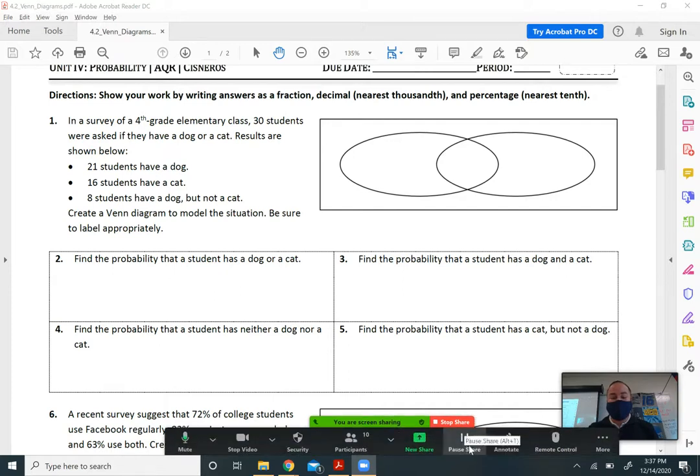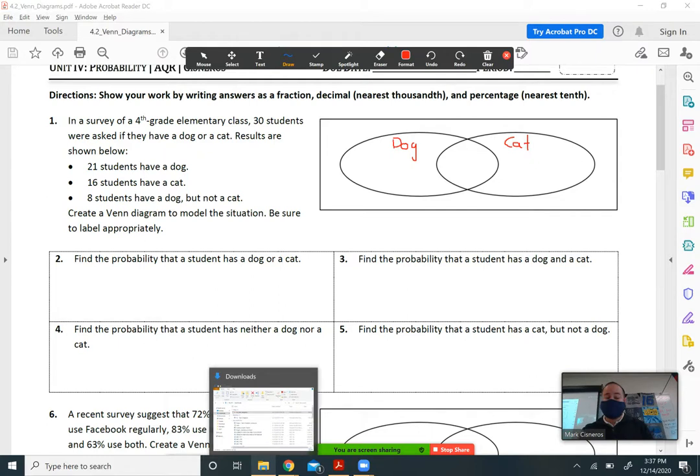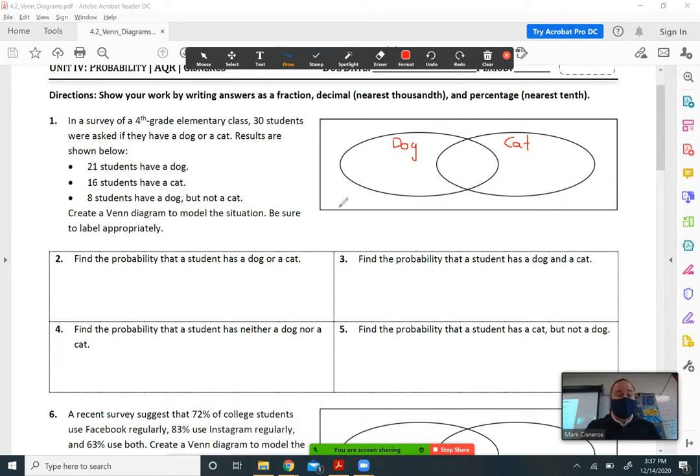What's the first thing we should do with the two ovals? Yeah, one of them's got to be dog. One of them's got to be cat. Okay, so that's the first step. What number should I put first and where should it go? 16 students with a cat.